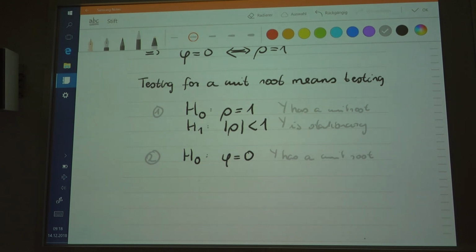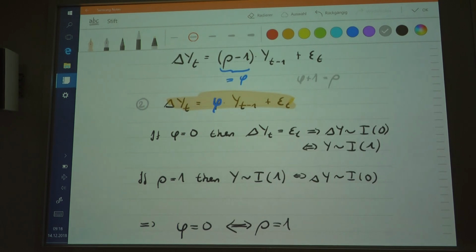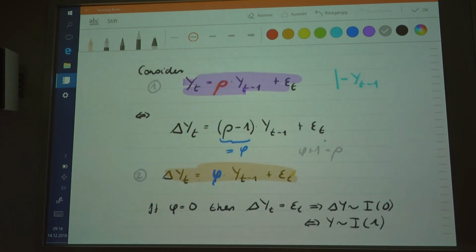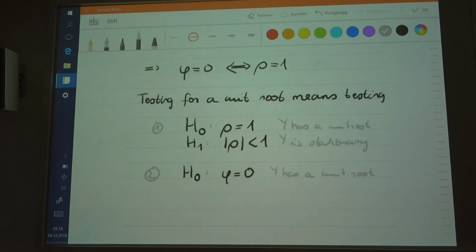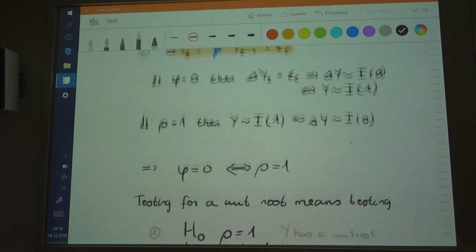and the alternative hypothesis in this case, if you look at some stationary process, considering the alternative process, will be that phi is less than 0, because if phi is greater than 0, then you will basically have the same result.